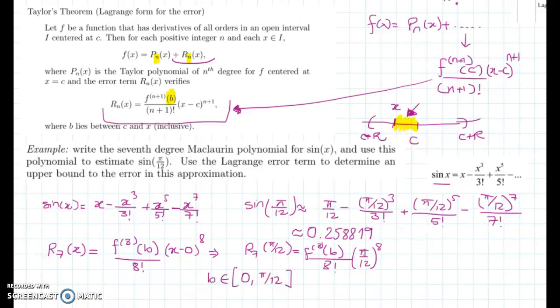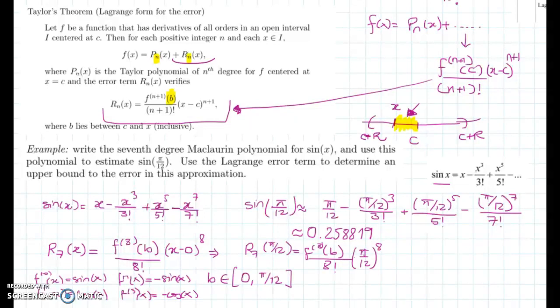Now, what is this 8th derivative of the function? Right here, I don't have a lot of space, but the original function, the 0 derivative, is sine of x. When we take the first derivative, the derivative of sine is cosine of x. When we take the second one, we are taking the derivative of cosine, so negative sine of x. We take the derivative of this to get the third derivative, and get minus cosine of x.